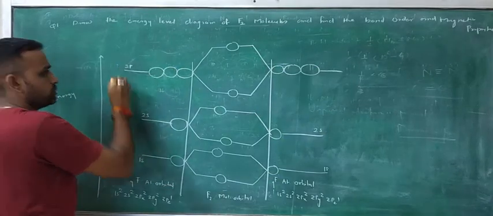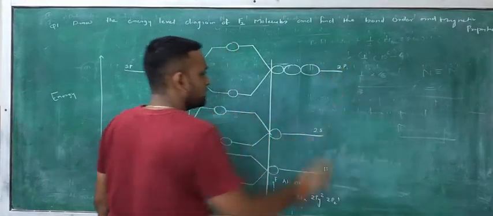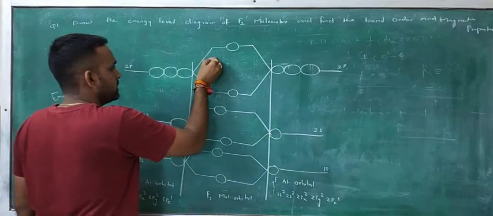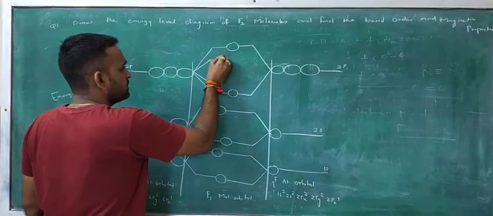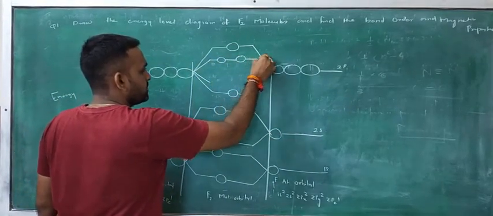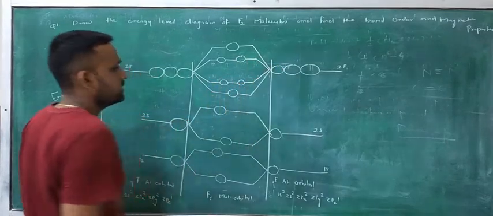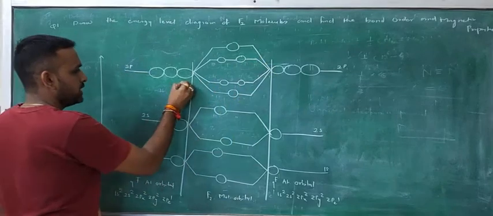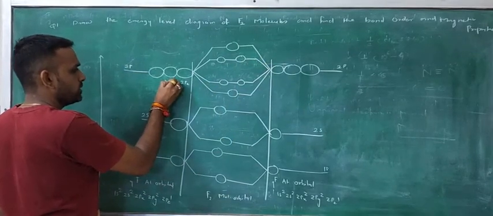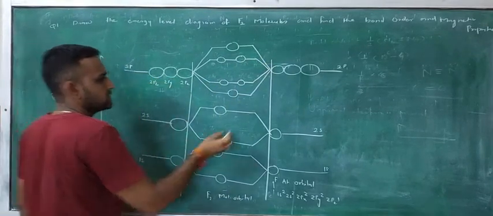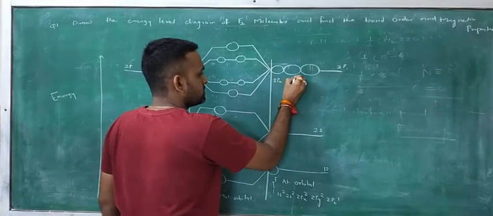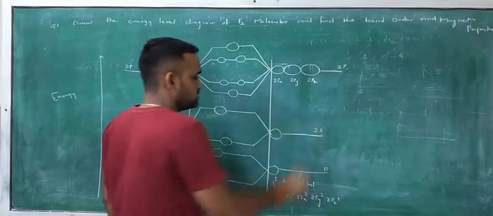This is 2p, here also 2p. And here it gives pi 2px, pi 2py, pi star 2px and pi star 2py. Is it clear? Here I write 2px, 2py and 2pz, in the same way 2px, 2py and 2pz.